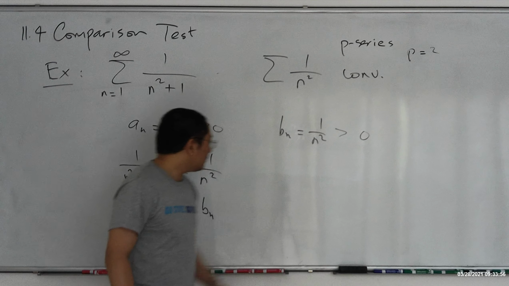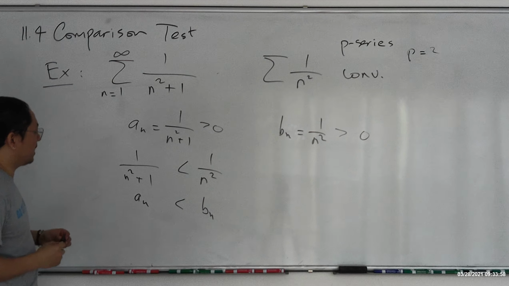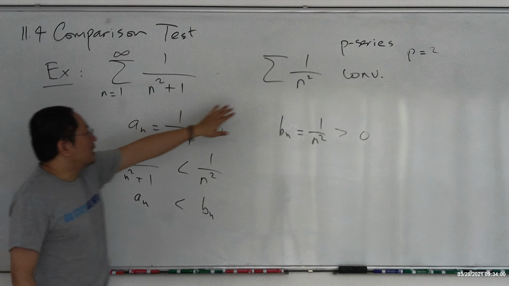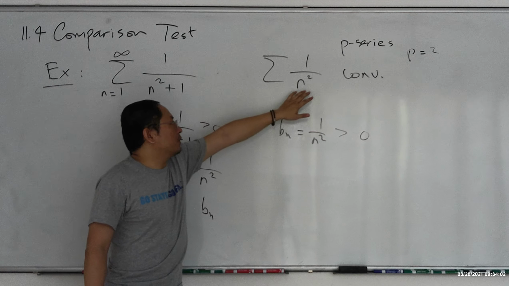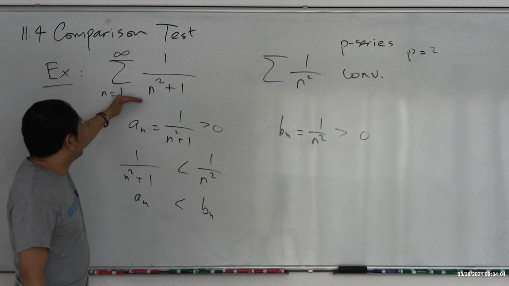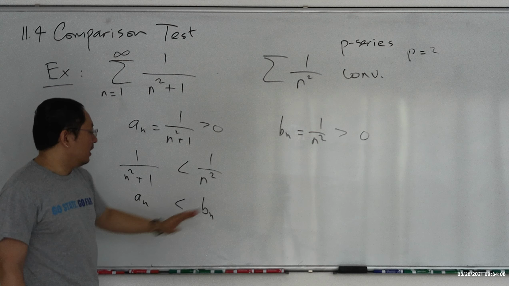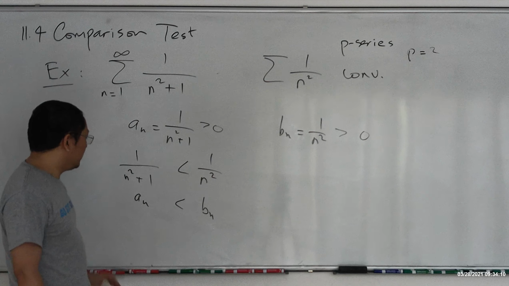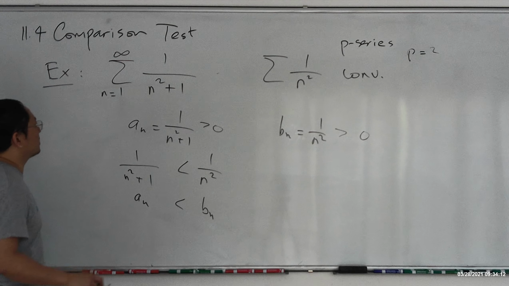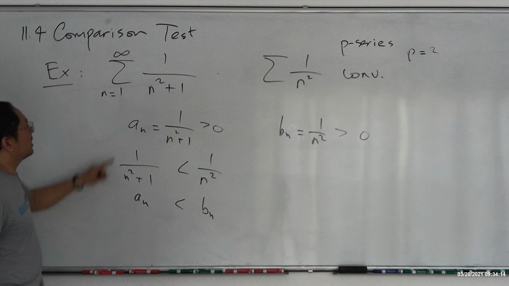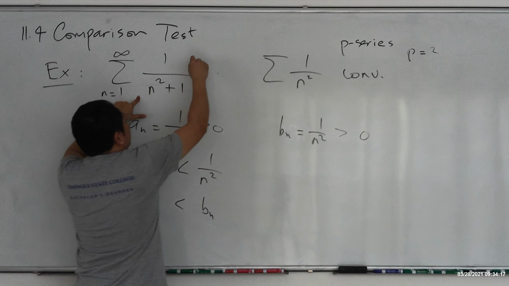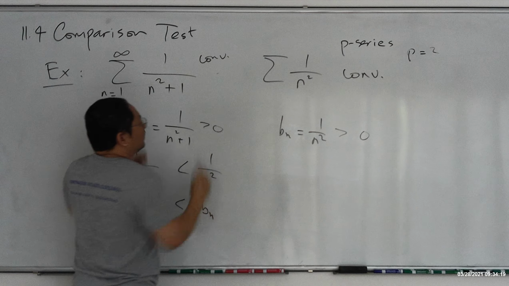So I can use the comparison test. I have a convergent positive series, and my new series is also positive and less than my convergent positive series. So AN is convergent as well. By the comparison test, this series is convergent.